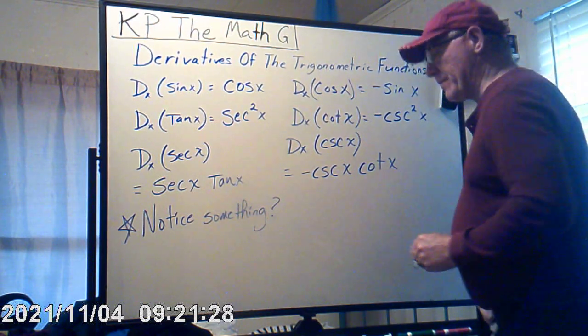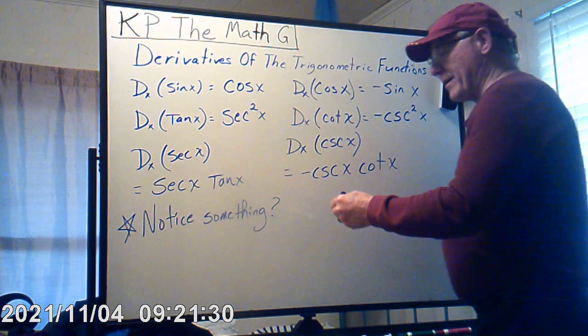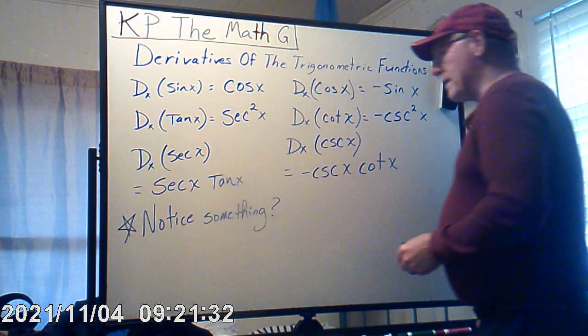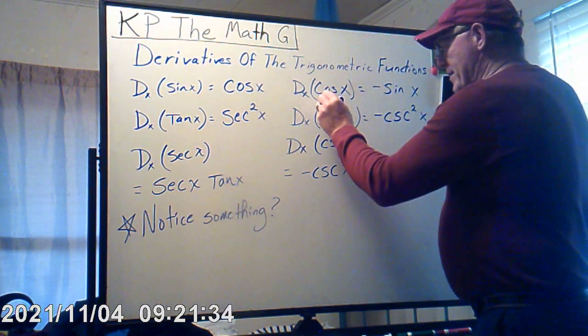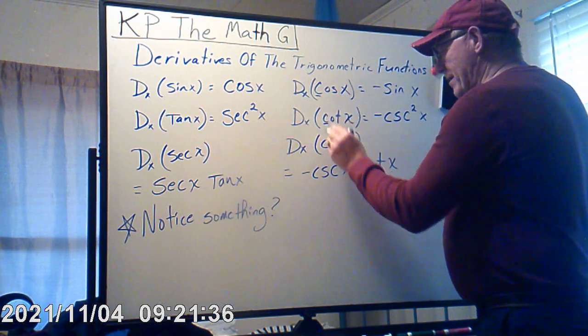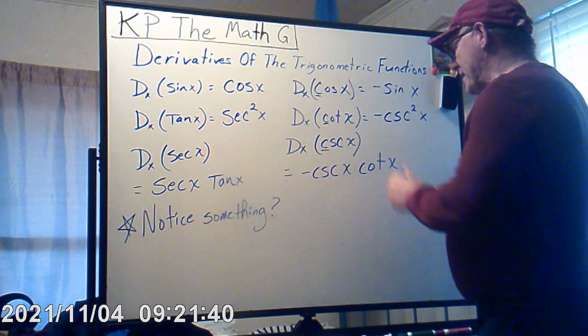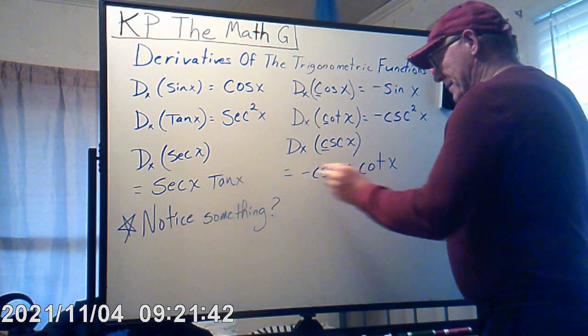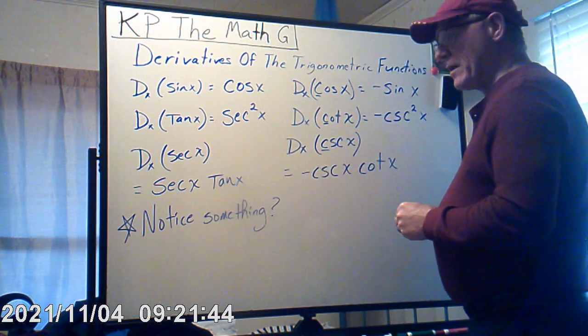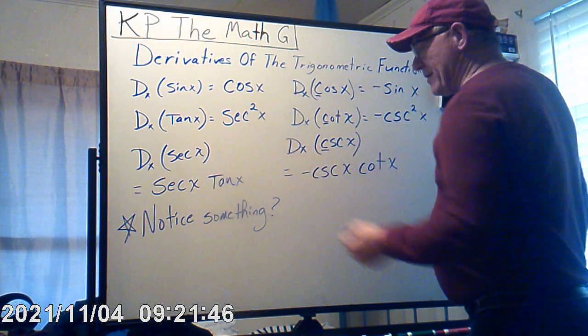Okay, there it is, and I put in a little star here. Notice something? Every one of these trig functions that begin with C have a negative derivative. The ones that don't begin in C do not.